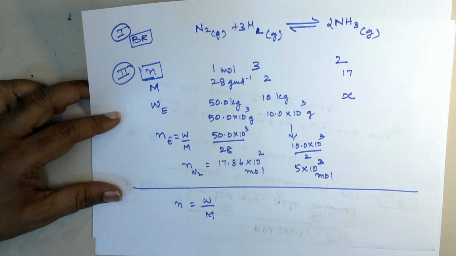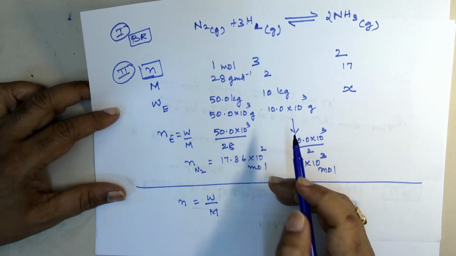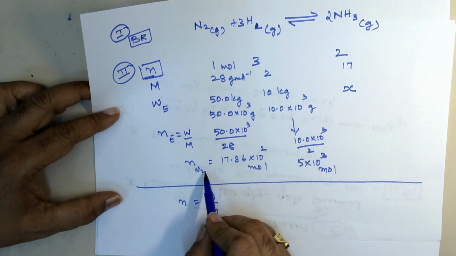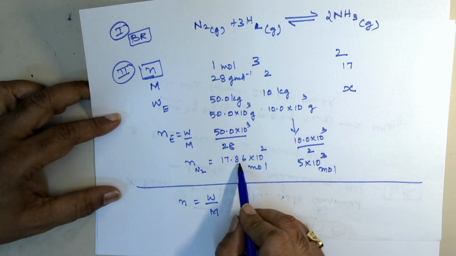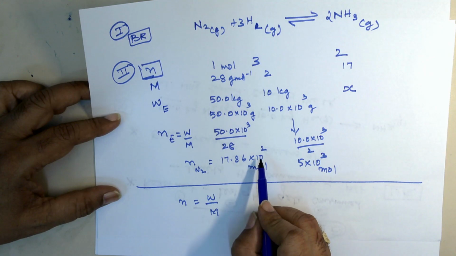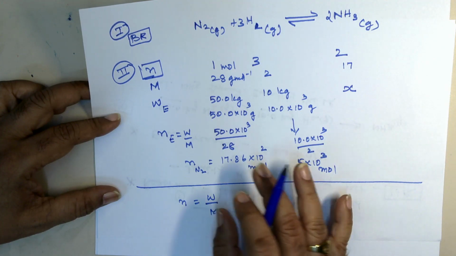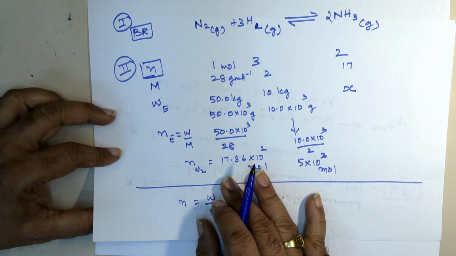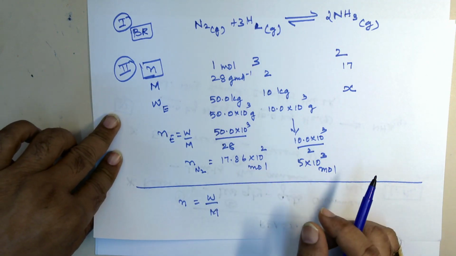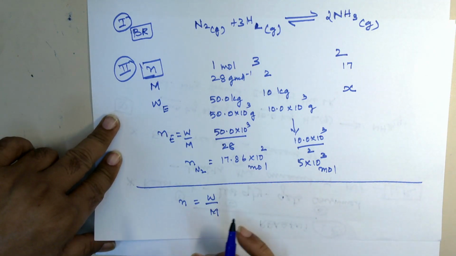Now listen. Here we have nitrogen, 17.86 into 10 squared moles.